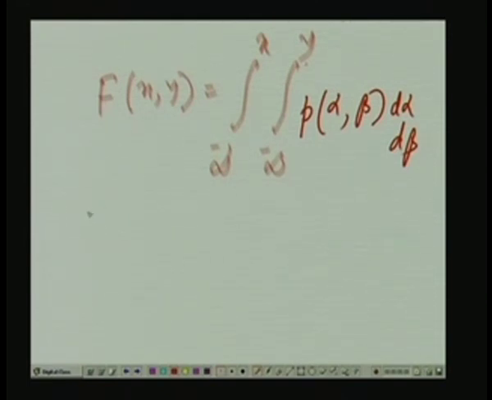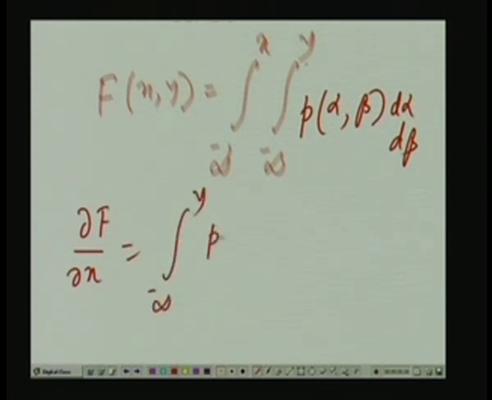So, obviously, if I differentiate it with respect to x, this goes, I am left with only this. And what is this f? F was x y.